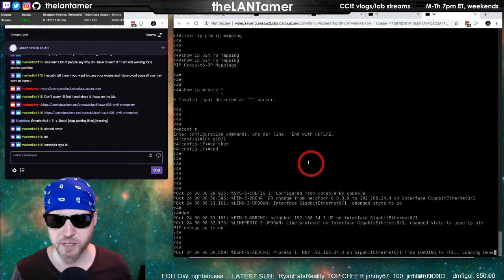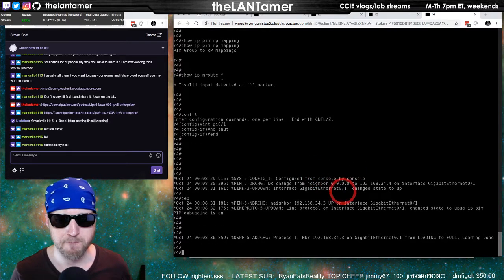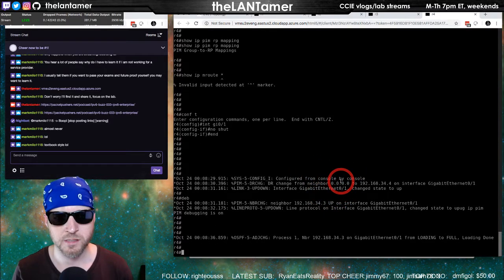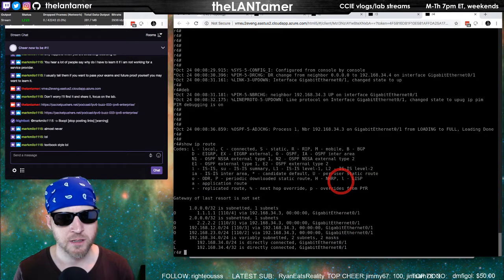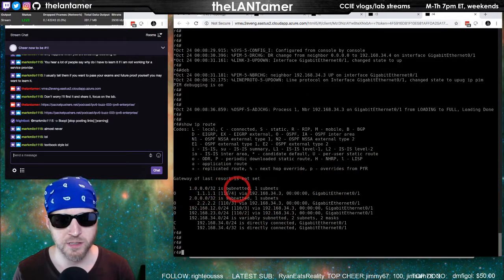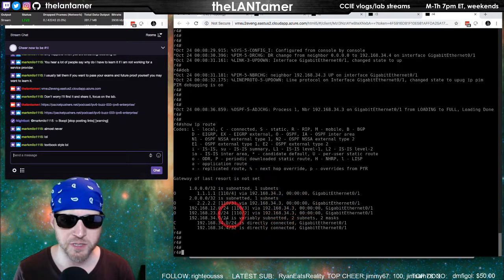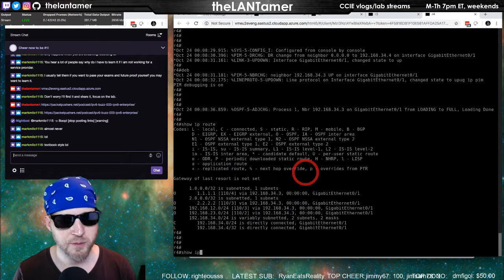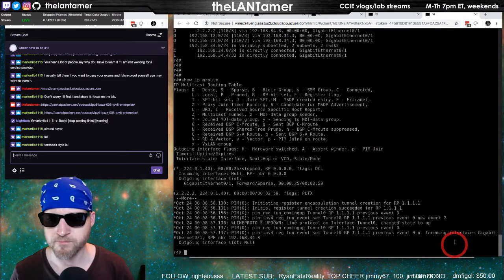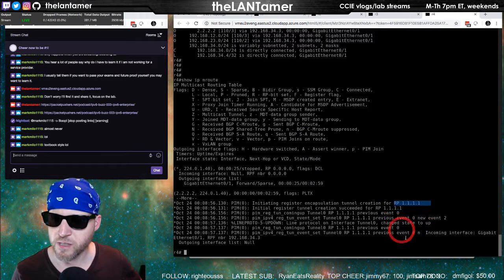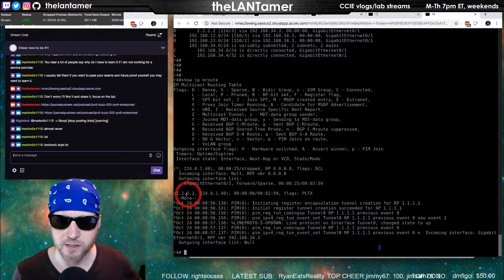Our OSPF is coming up. Show IP route. Okay, yeah, we've learned the loopbacks through OSPF. Show IP mroute. How does it know about 1.1.1.1?